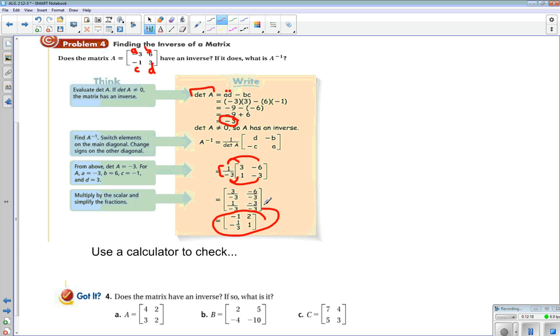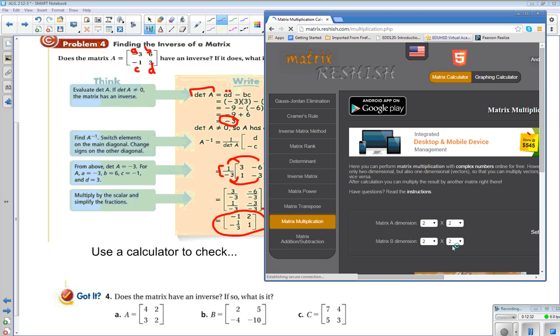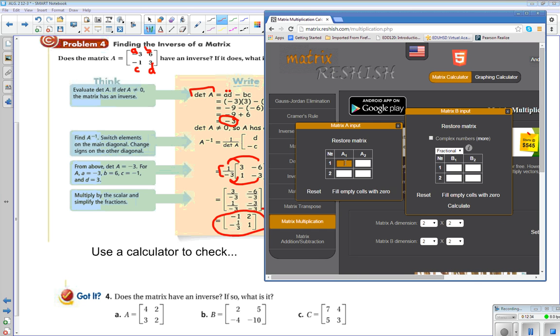Now, we could use a calculator to check that you have found the true inverse. So when we go here, I have a 2 by 2, and my first one is negative 3, 6, negative 1, 3, and then my inverse was negative 1, 2, negative 1/3, 1.